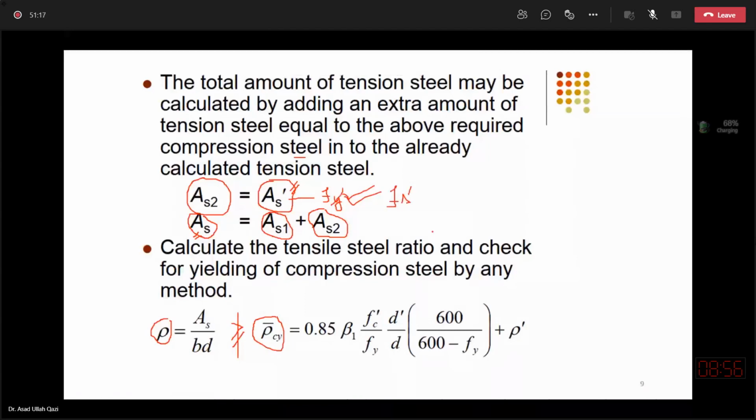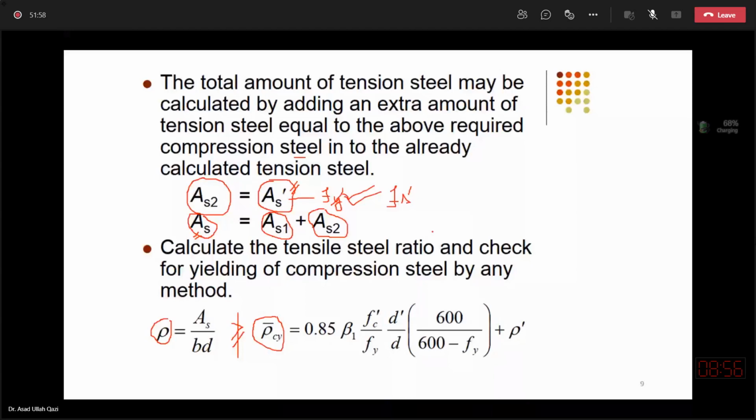Since you added As prime also on the tension side and called it As2, although you checked and found that your rho tells you the compression steel does not yield, and now you need to revise As prime, this revision will be done only on the compression side. The tension side area of steel, what you added as As2, will yield because your As calculation was based on rho max, and whatever you add on the tension side will yield.